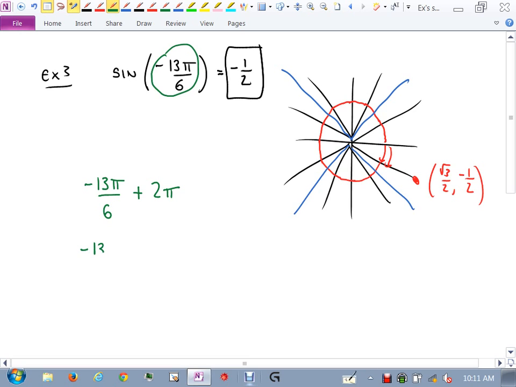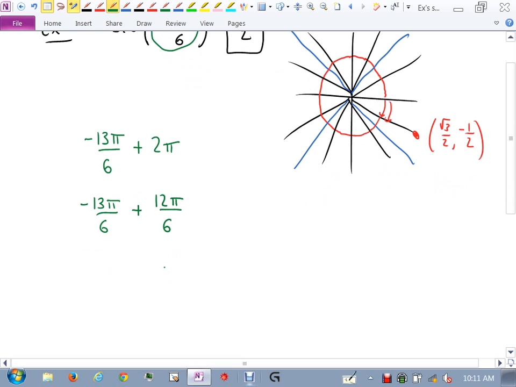So I have to get a common denominator, which would be 12 pi over 6. Then when you add those two together, negative 13 plus 12 is negative 1, so negative pi over 6. You can tell from negative pi over 6 you would just go clockwise pi over 6, and we would be exactly where we were, right?